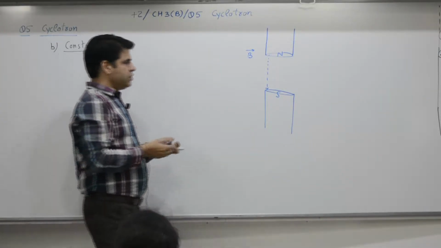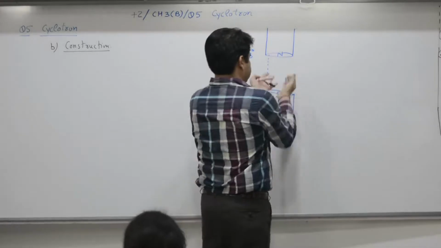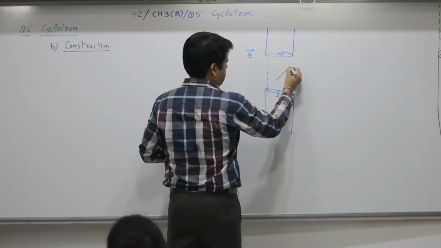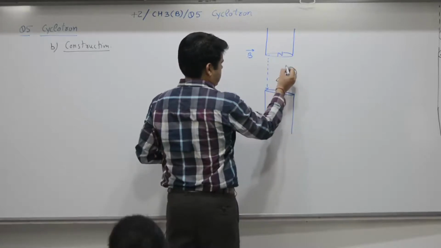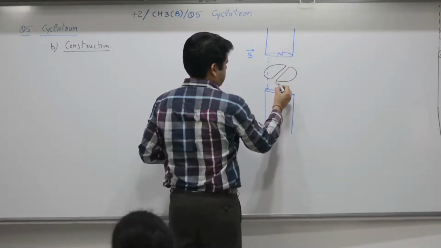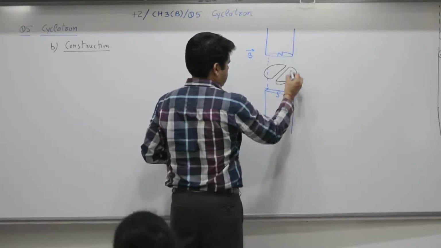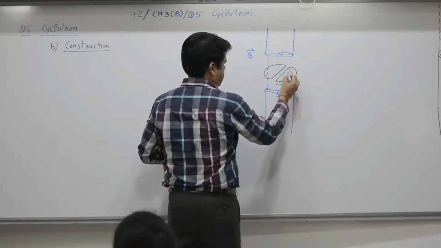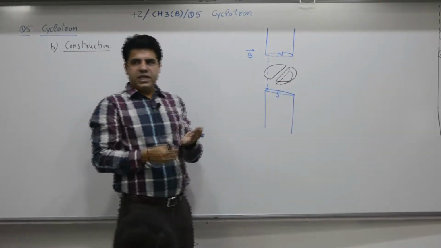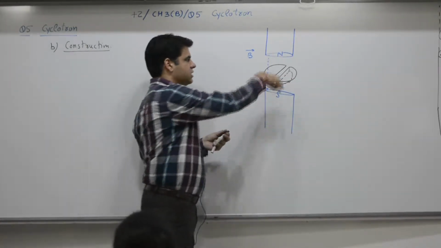And in between the two you place two D's. This is D1, D2. You place two D's, disc. They are hollow inside.